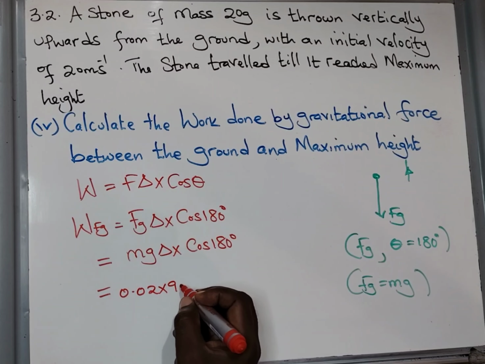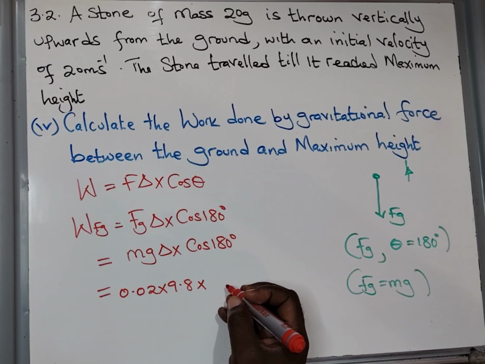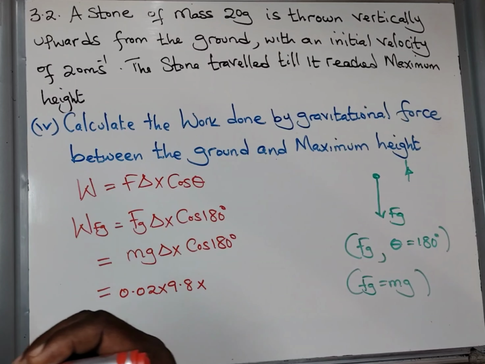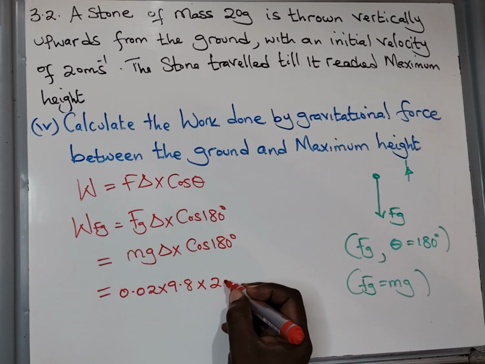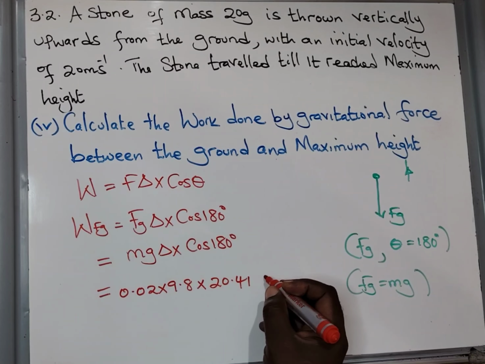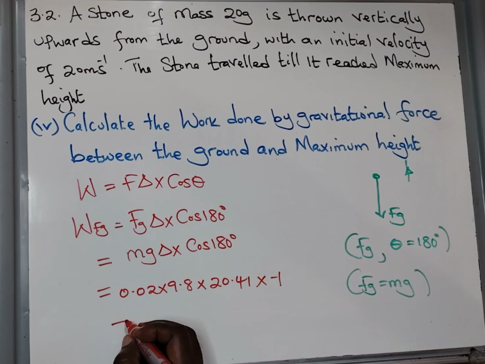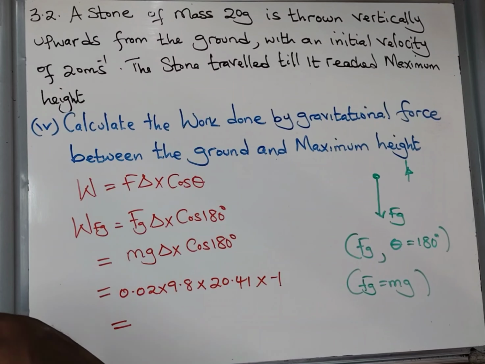G is known, it's 9.8. Delta x, we found it as 20.41. That was the height achieved. And cos 180 is -1. So what we get out of this one is going to be work done by gravitational force.